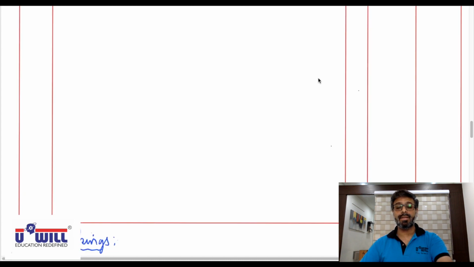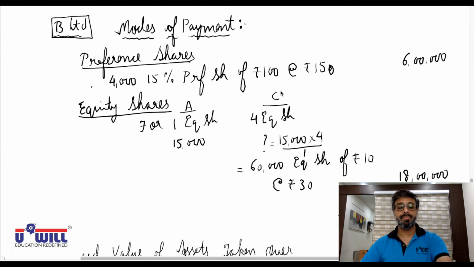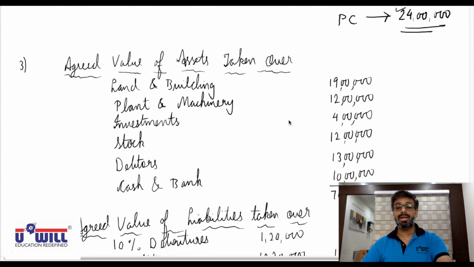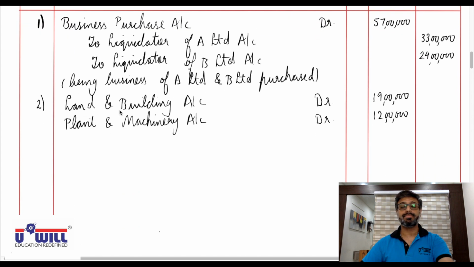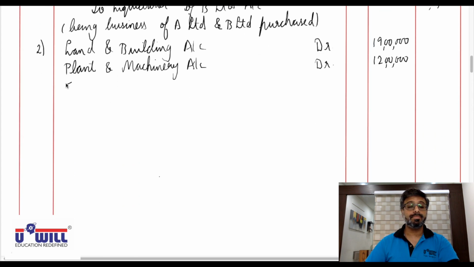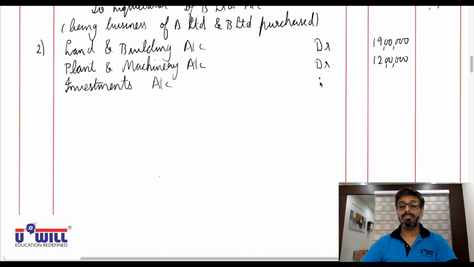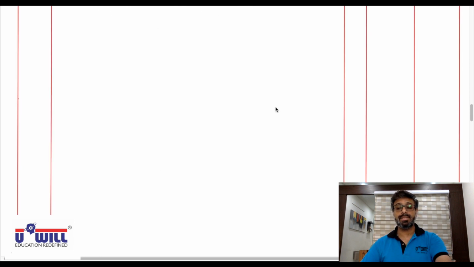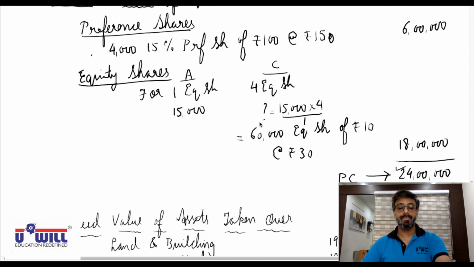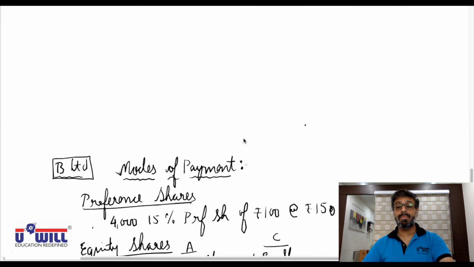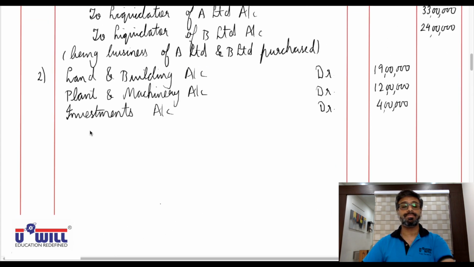Then after plant and machinery, investments account debit with 4 lakhs. Then after investments, stock account debit with 12 lakhs.